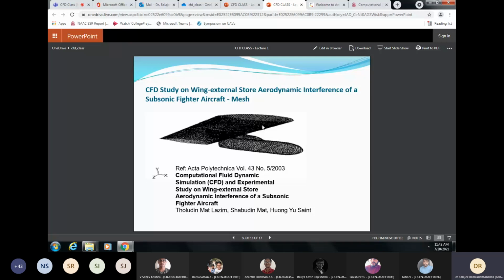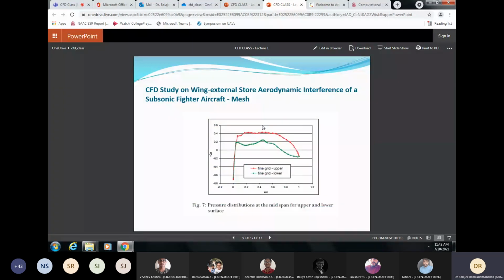Okay, so this shows how the CP varies on the top surface of the wing and bottom surface of the wing, probably at a specified section. So we all know this area will give you lift, CL actually.